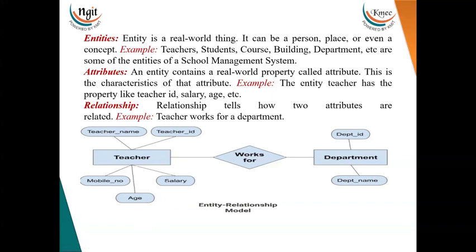We can even represent mapping cardinalities to represent how many instances of a teacher can be associated with how many instances of departments, which we will see in the next lecture. As of now, let us try to understand how this entity relationship data model can be used.